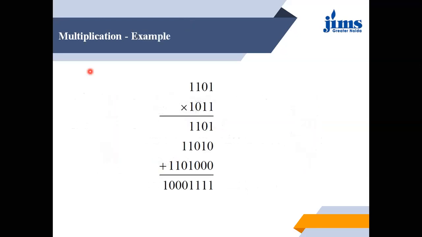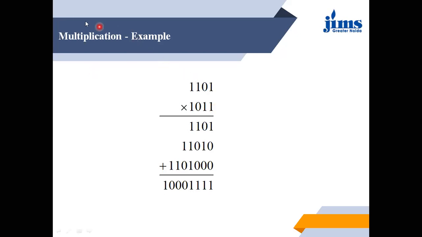Now we will see one more advanced example. For this multiplication we have to follow a different multiplication algorithm. I will tell you that algorithm in the next lecture.